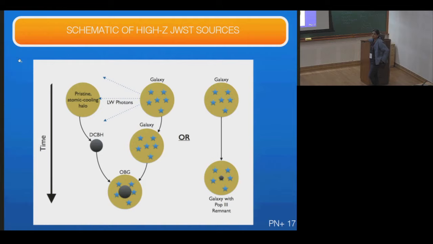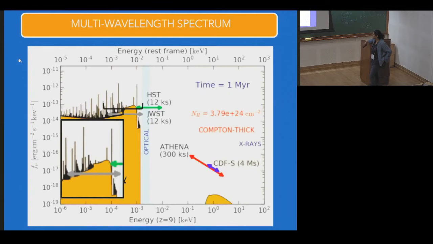Okay, so then what we want to do is calculate spectrally what these two cases are going to look like. So that's what we did. This is actually a movie that I can show you later. I don't have it, it's just a static slide.